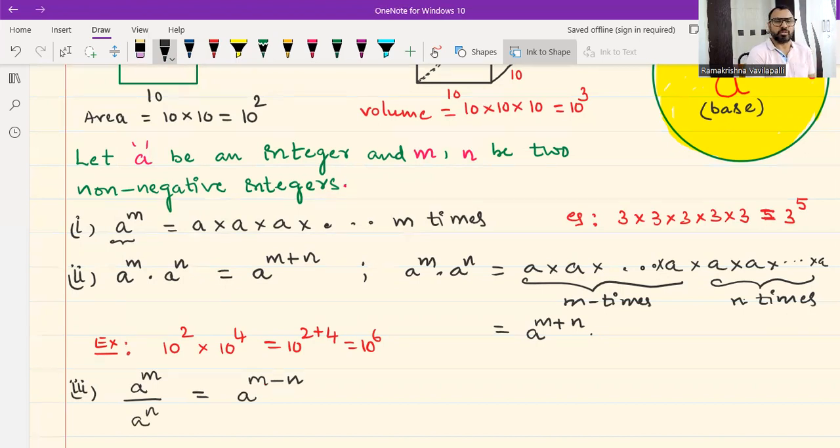So this is the product rule, and this one is the quotient rule. When we write this quotient rule, take care of that here base is not equal to 0.